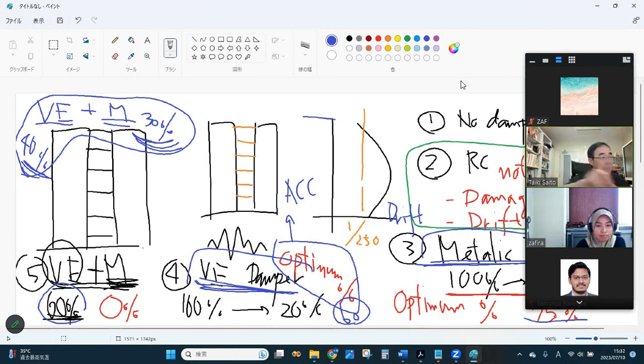But in my opinion, after you finish this one, actually nothing discuss about the distribution. So you put the same damper along the height, and your study is fine, two dampers. Yes. That's all.